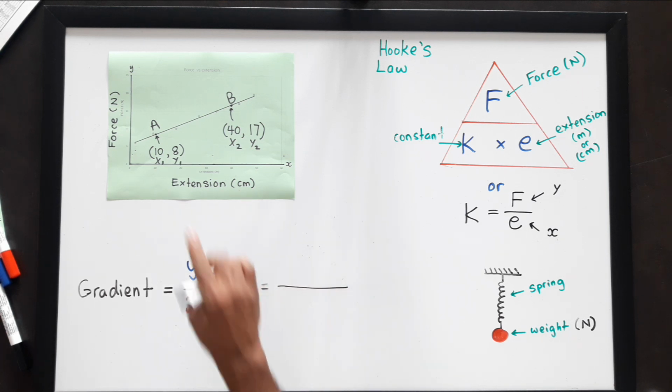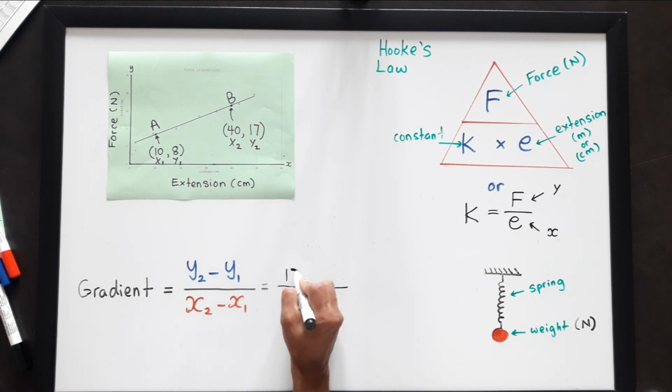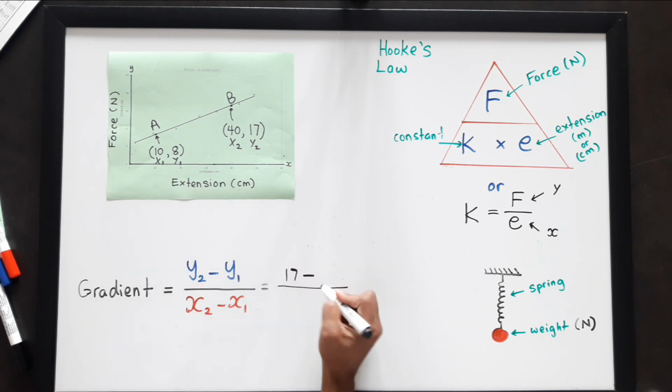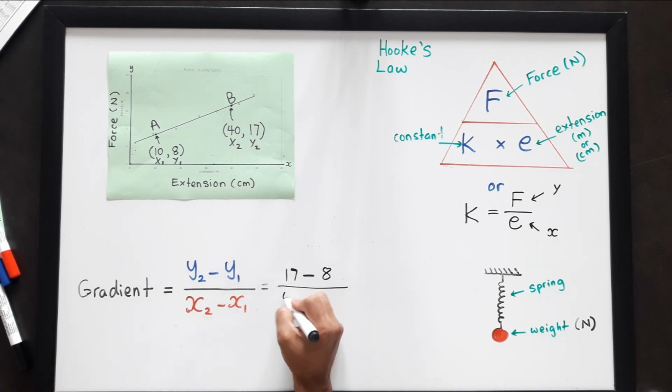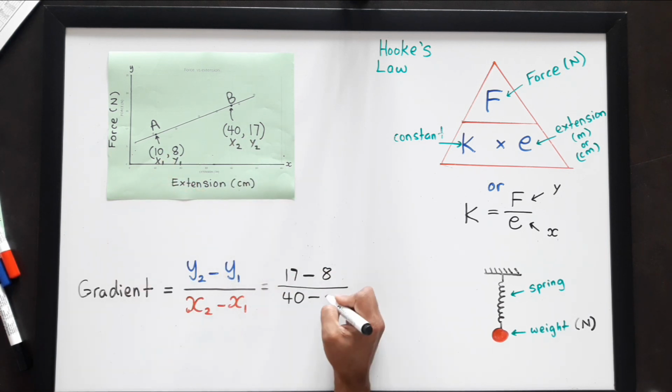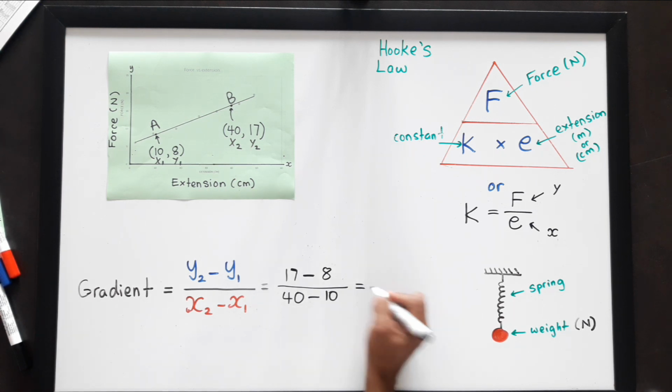So y2 is 17 minus y1 is 8, x2 is 40 minus x1, which is 10. So let's double check my working: 17 minus 8 and 40 minus 10. Let's see what that gives us.